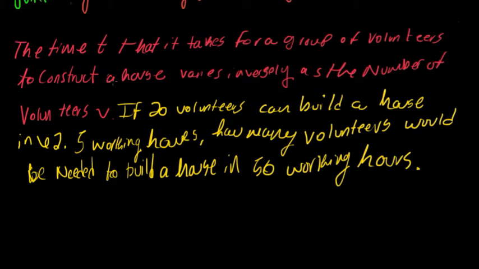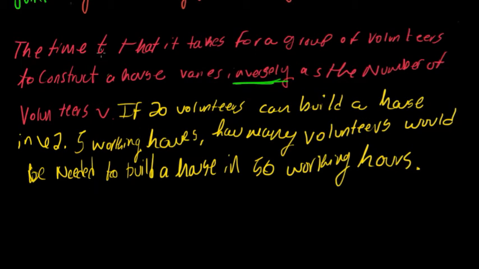If 20 volunteers can build a house in 62.5 working hours, how many volunteers would be needed to build a house in 50 working hours? Well, if we take a look at this pink part here, it says the time that it takes for a group of volunteers to construct a house varies inversely. See, it's varying inversely. So that's the key thing to tell us we're dealing with y is equal to k divided by x.